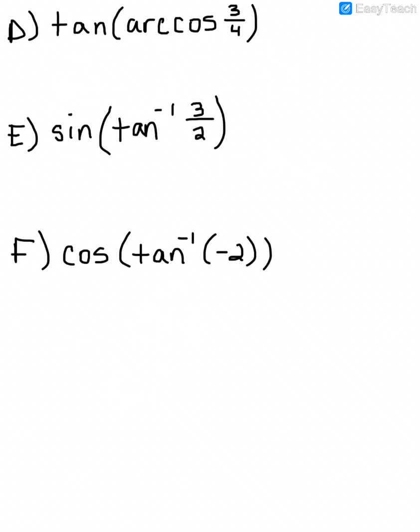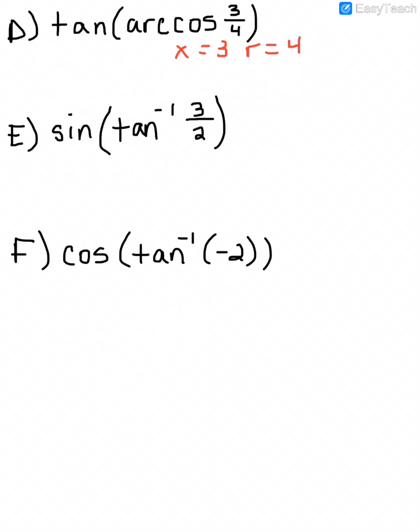So if cosine is x over r, that means that my x value is 3 and my r is 4. Well, tangent is y over x. So we still need to find out what our y is.